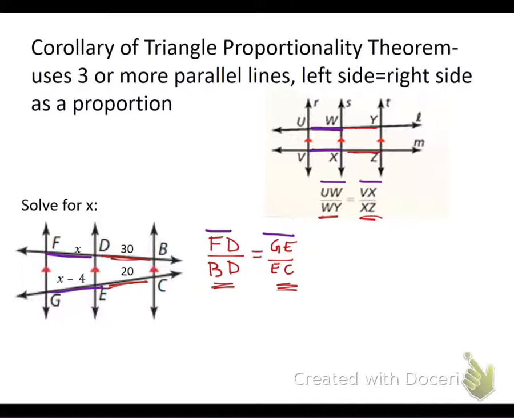So you'll notice that he has those pieces aligning like it says above. Do you guys see that? So if we substitute in, FD is X and BD is 30. GE is X minus 4 and EC is 20. Whenever we have an expression in our proportion that is separated by addition or subtraction, it's a binomial there, and we need to put the parentheses around it so that we remember to actually distribute.